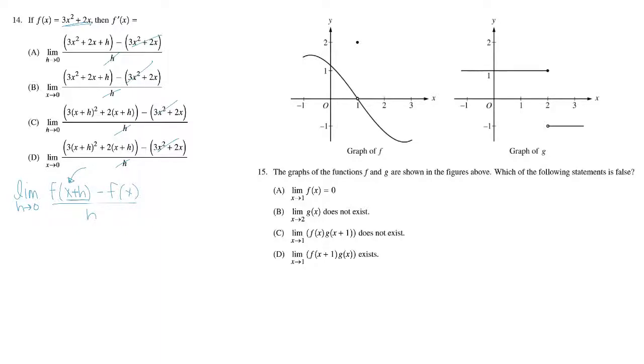Notice that we've replaced x with x plus h, so wherever we see an x value, so up here in the original where we have x squared, I don't need to see x squared. I need to see x plus h all squared. So that eliminates a and b. And then the next part, I need to make sure that I have plus 2 times x plus h.